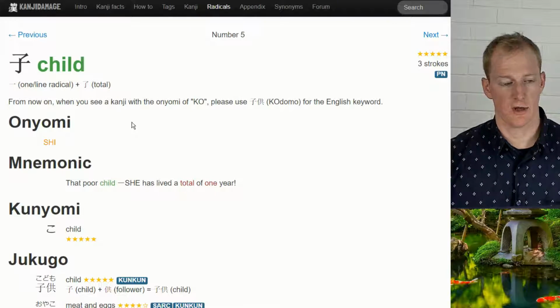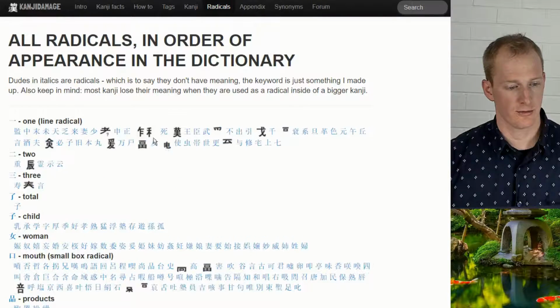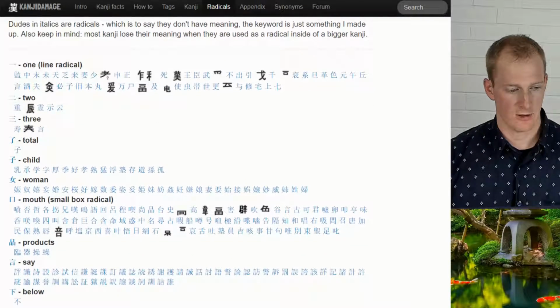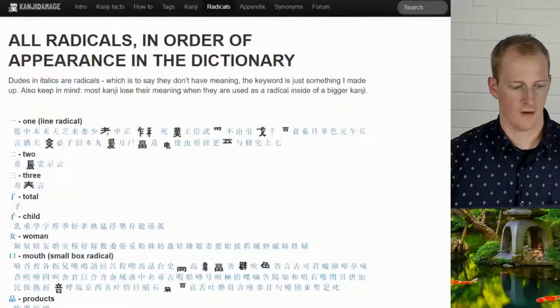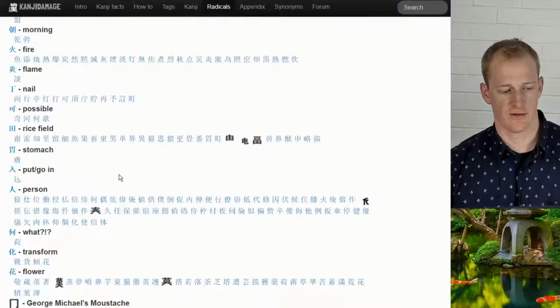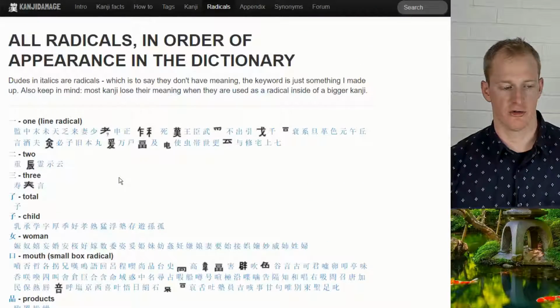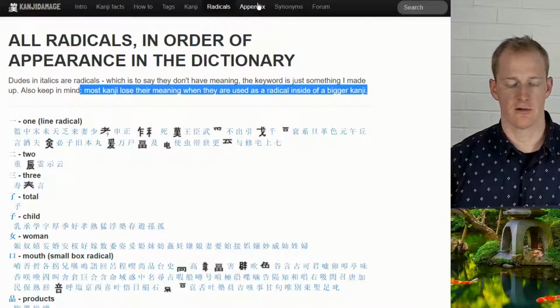Now there's also a bit where he arranges all the radicals. A lot of these, you can see in most of these, there's a lot of ones he's made, but most of them are not. And yeah, most of the time they'll lose their radicals.